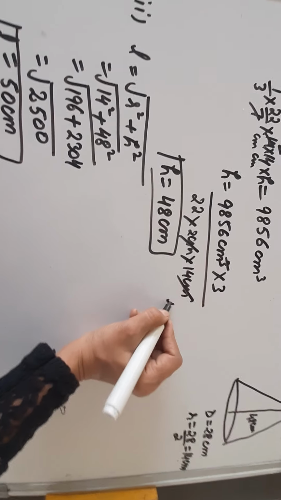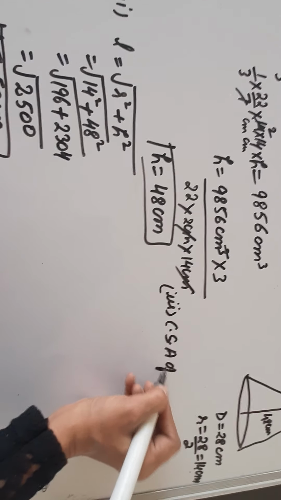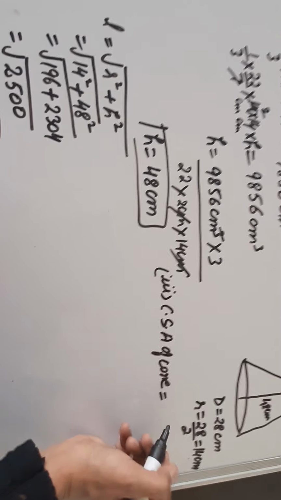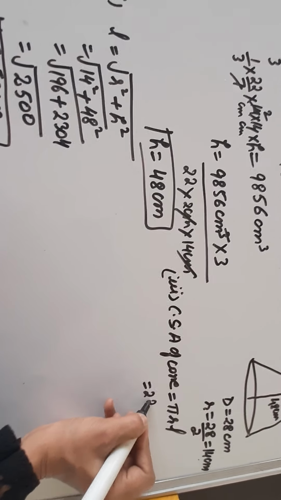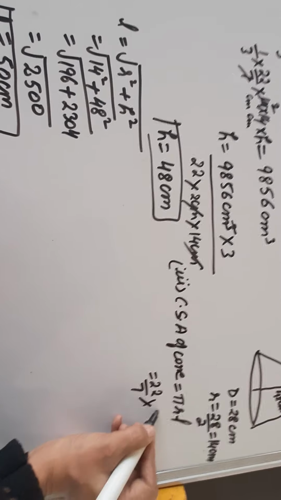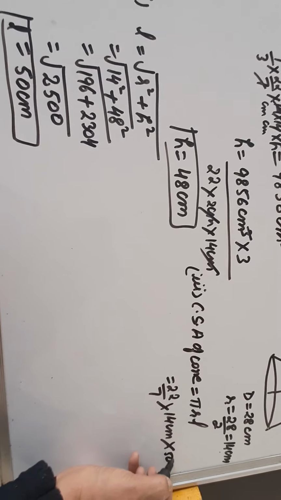Now time to find out the third part, that is the curved surface area of the cone, and that is equal to πrl. So let us put the values. 22 by 7, radius 14 centimeter and slant height is 50 centimeter.